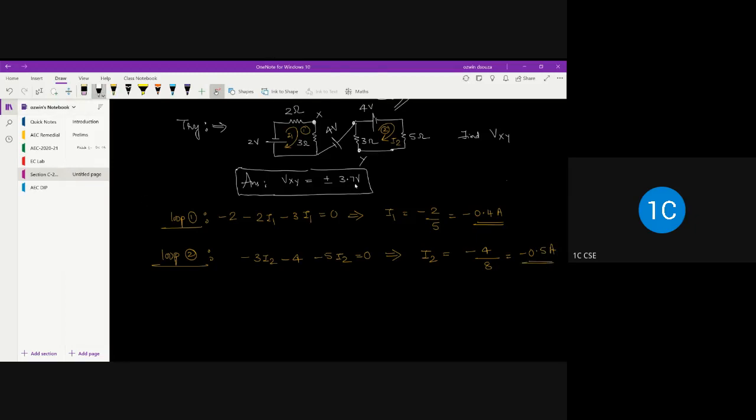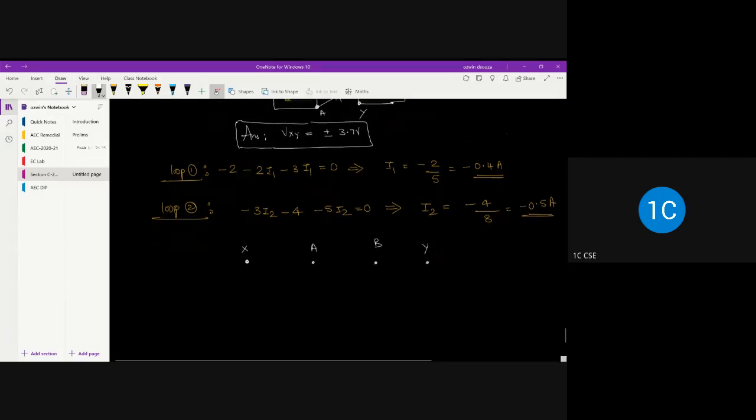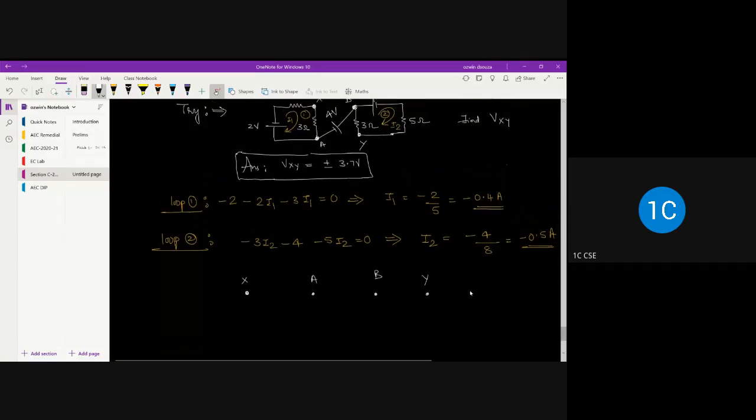Next, what you do is you just reconstruct the network which is found between node X and Y. Let's say this is A and let's say this is B. So just place the nodes something like this: X, and then comes A, and then comes B, and then comes Y. And now you just place the elements.